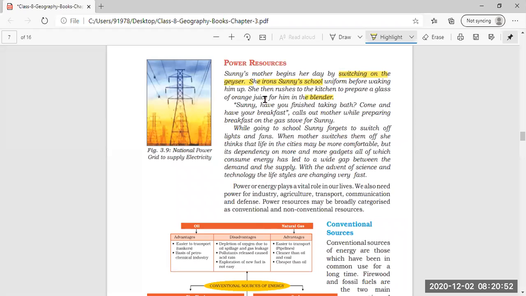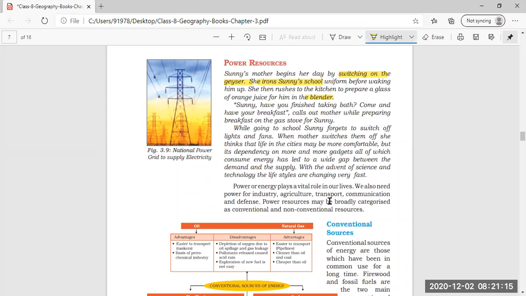And the tap is also left on. Then machines, whether a blender or any other, we put the switch on and just leave it like that, but we should switch it off whenever it is not in use. So these things are to be kept in mind.